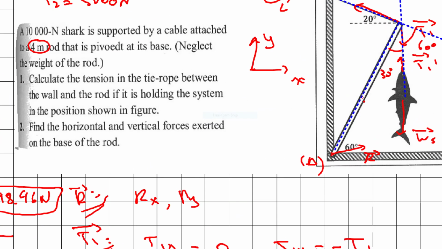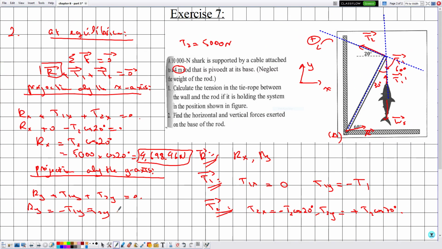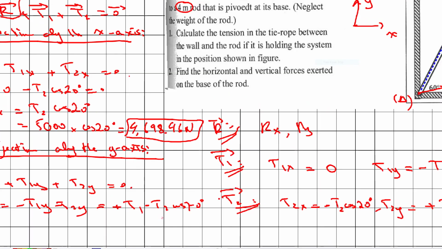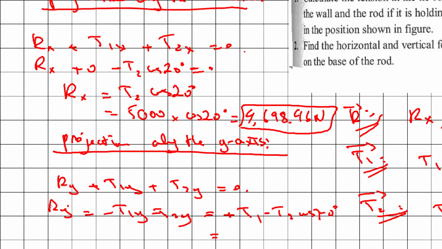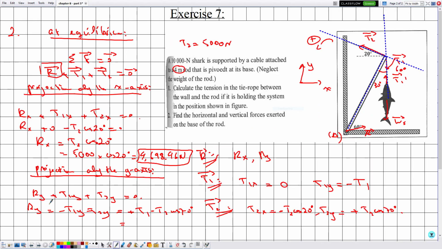Recall that this beam has no mass. Minus T1y, so it will be plus T1, and minus T2y, which will be minus T2 cosine 70. Now here we expect that this may be positive or negative, okay? It's not a rule here, because the sign of R is included inside Ry. This is a component. It may be positive or negative.